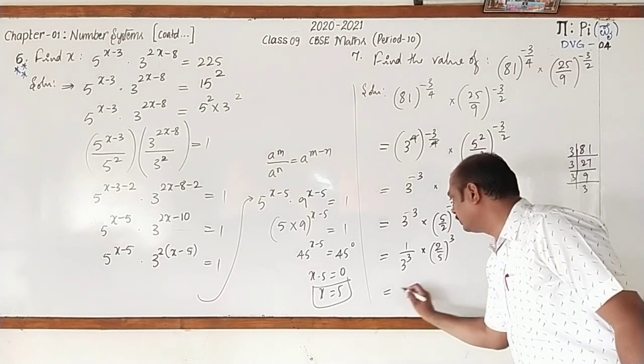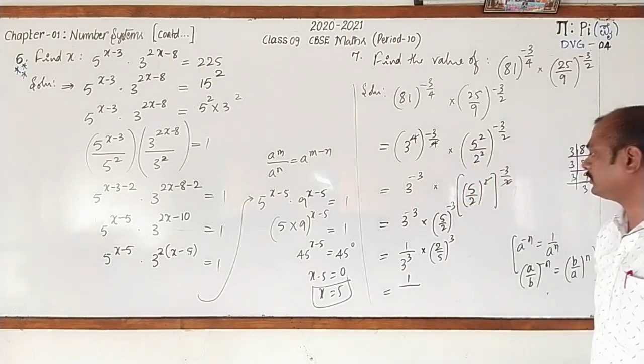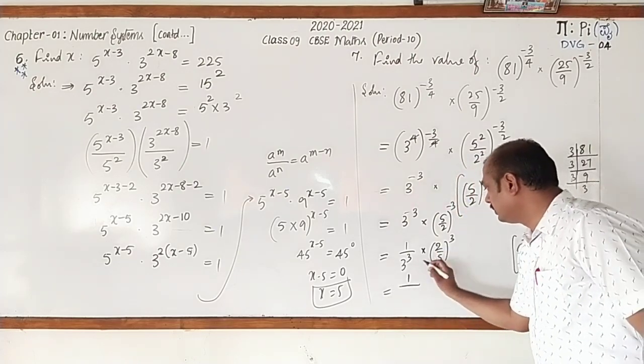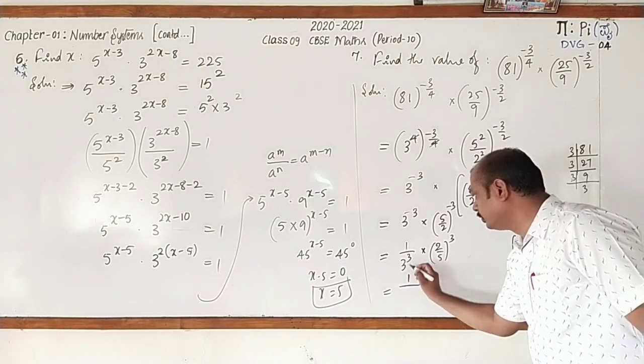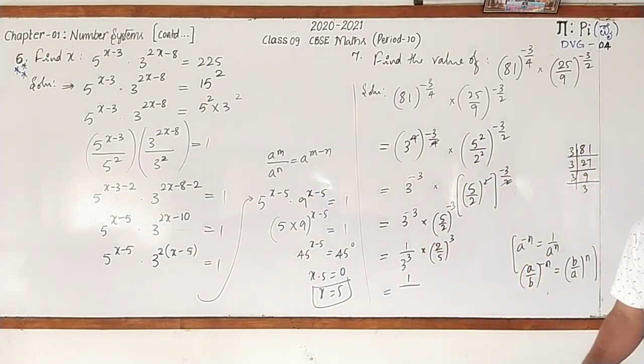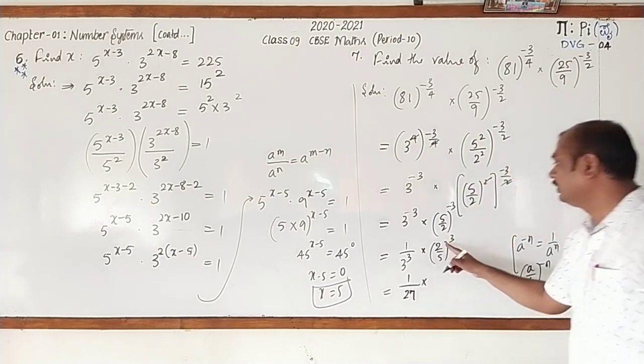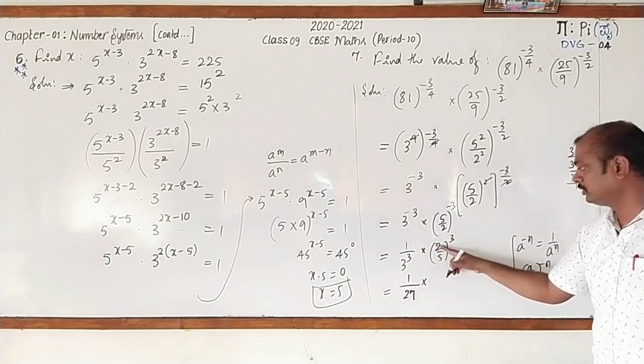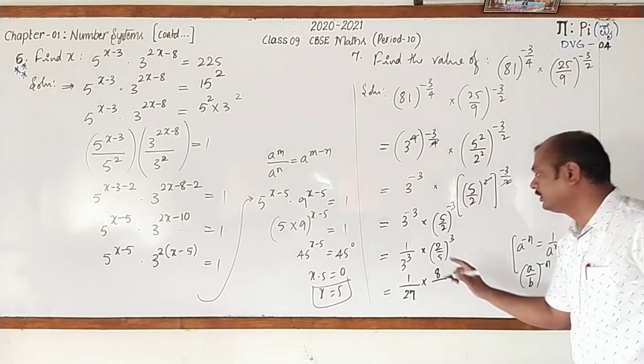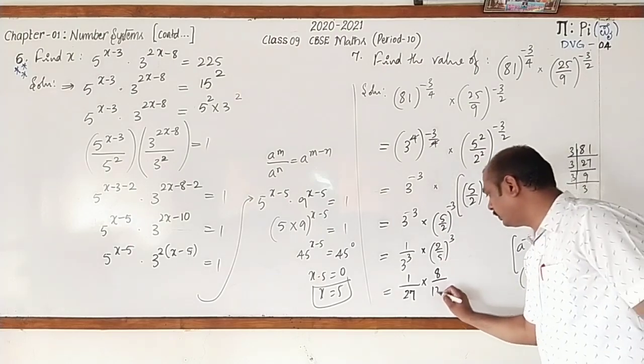It is equal to 1 by 27 into, you can apply cube to both, 2 cube is 8, 5 cube is 125.